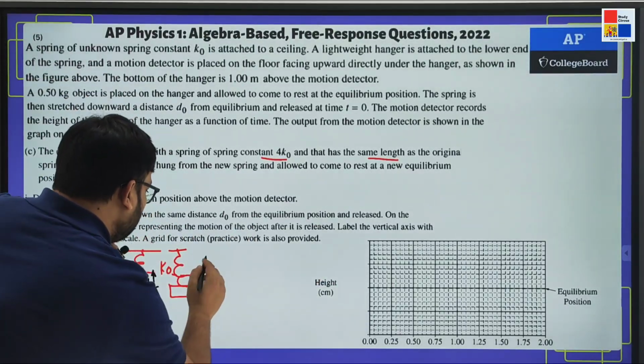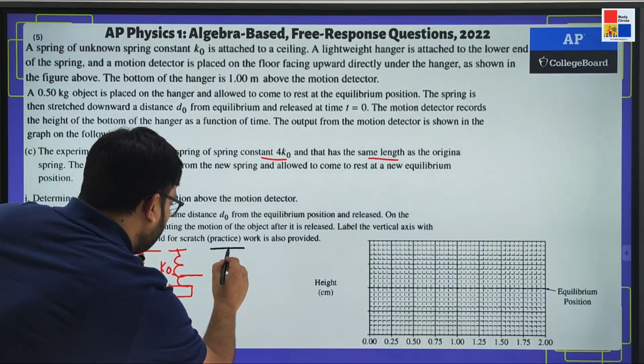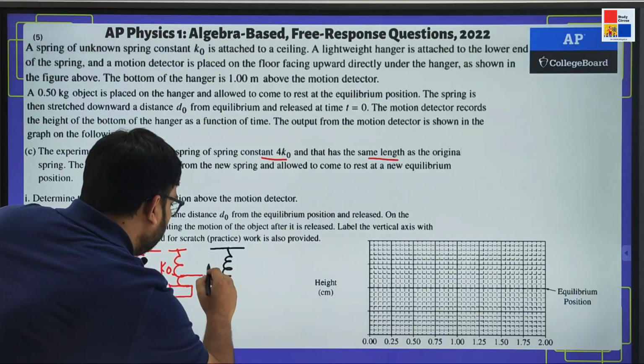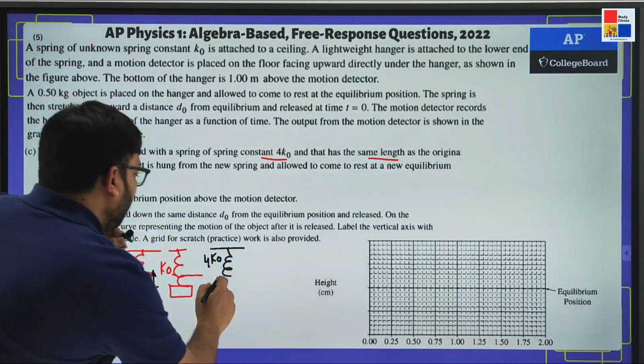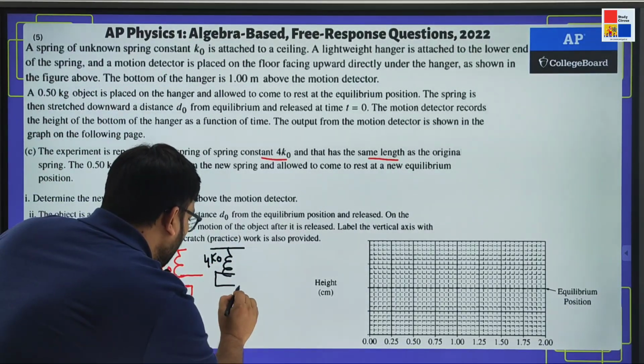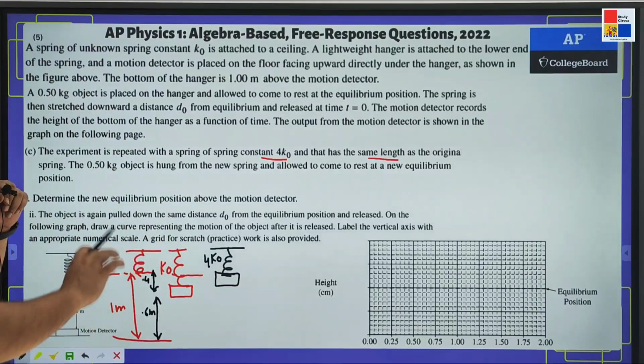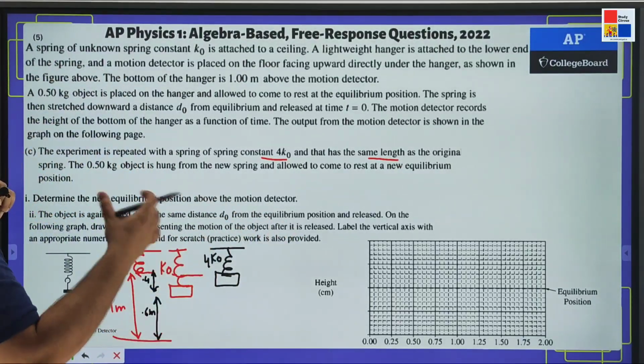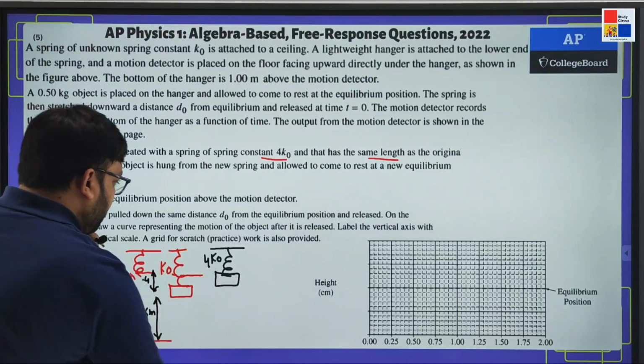In this situation, with the new spring, the spring constant is 4K naught. So when you hang the mass, it will still be elongated by some amount, but not the same amount.